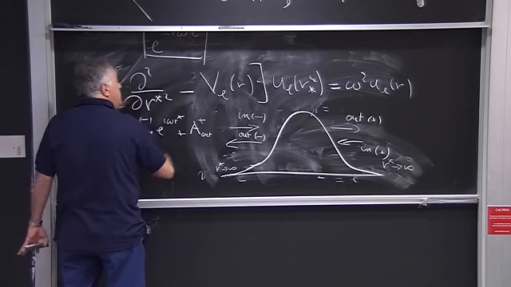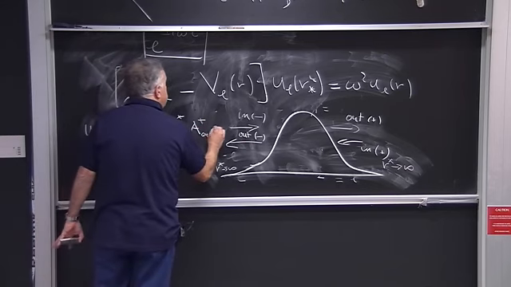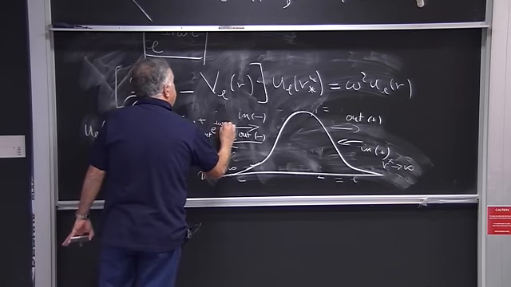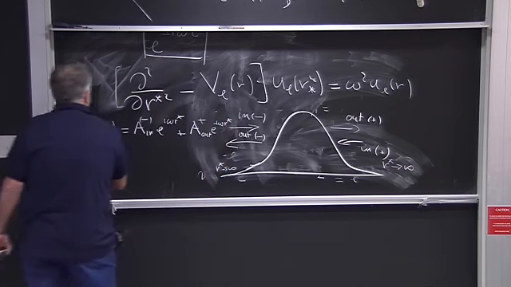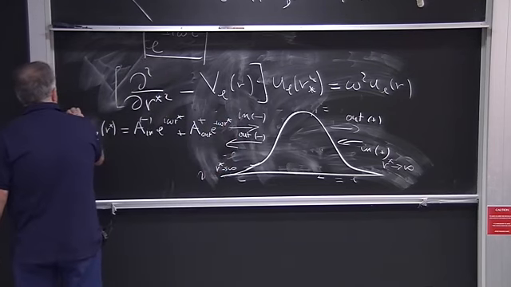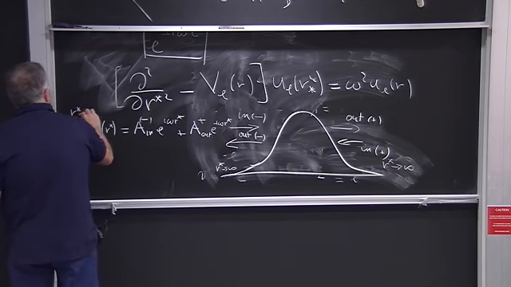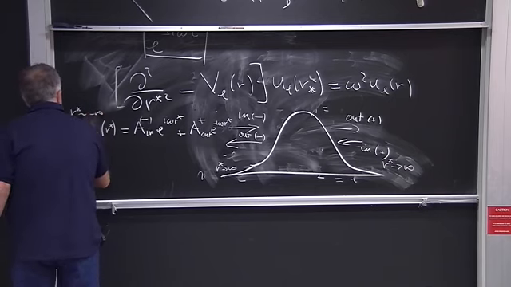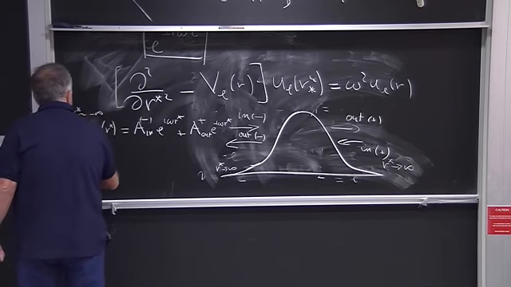This is the modes going into the horizon, e to the minus i omega r star, and the same. This is near minus infinity, and this is near plus infinity.